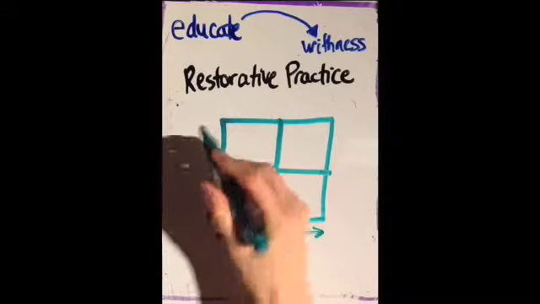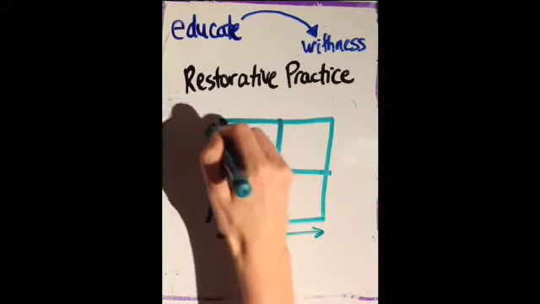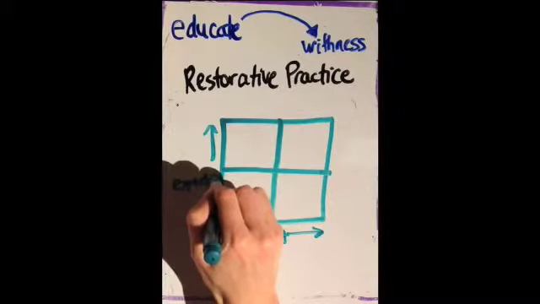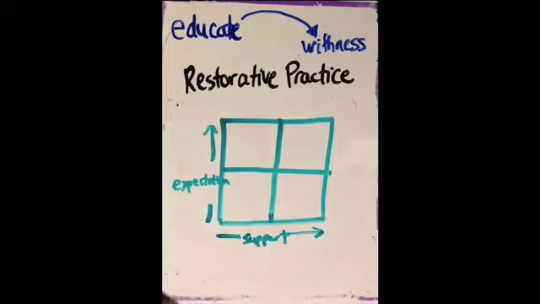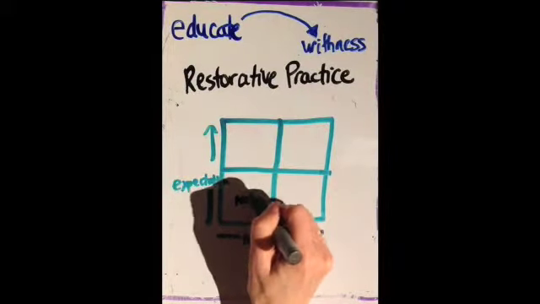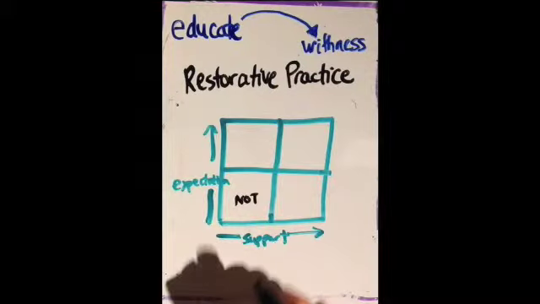On the bottom axis, we go from low support to high support, and the side axis, we go from low expectations to high expectations. In the low support, low expectation quadrant, this is where learning generally doesn't take place. Without support and without expectation, not a lot of things happen.